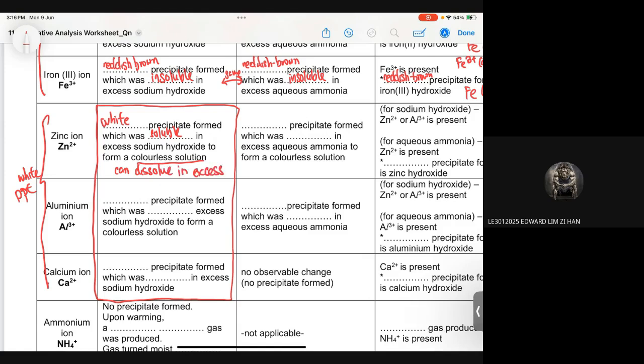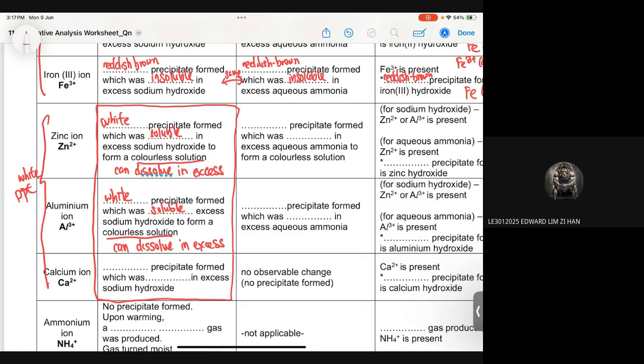Aluminium. You are also going to get white precipitate when you add sodium hydroxide. Same thing, this guy here is soluble in excess to give you a colorless solution. And hence, this guy also can dissolve in excess. So based on the zinc and aluminium ion test, you realize that both give me the same results.